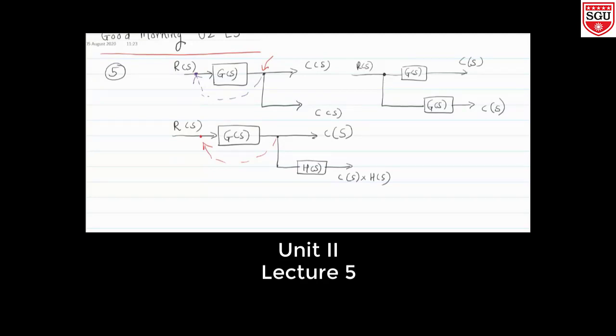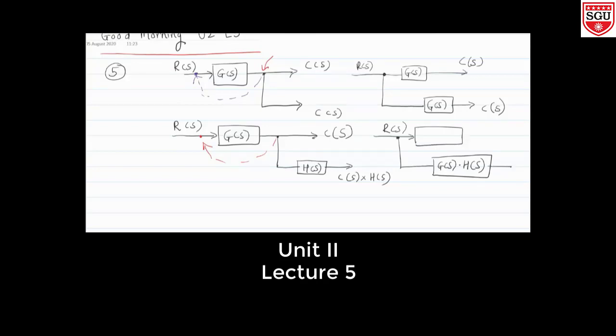Yes. So what you have to consider, R of S as an input, and suppose here I want to transfer that point, I will take one takeoff point, and here you can write G of S and H. Sorry, I will make it big. So here G of S multiplied by H of S, this new block will come.